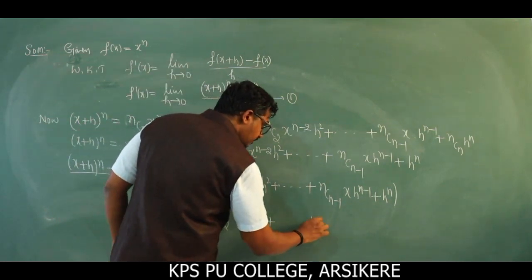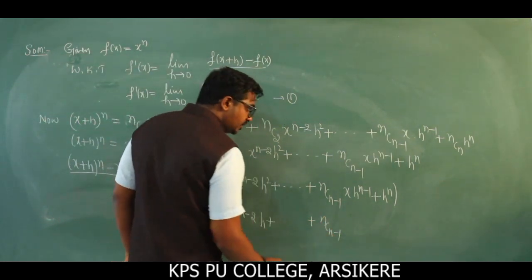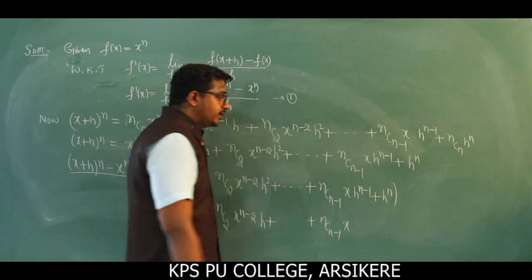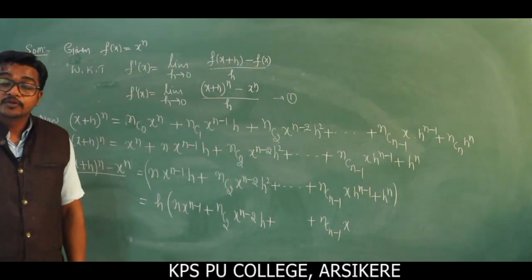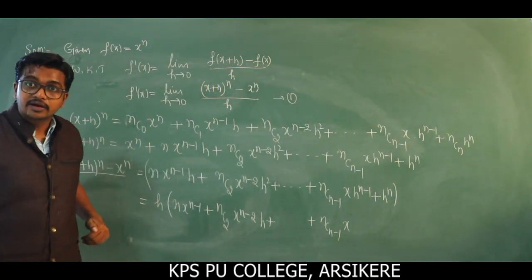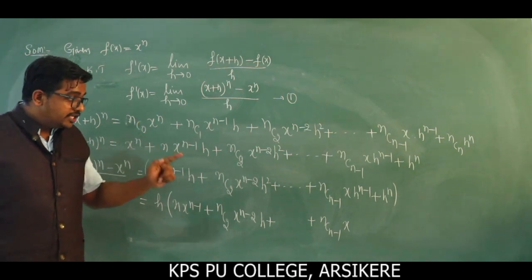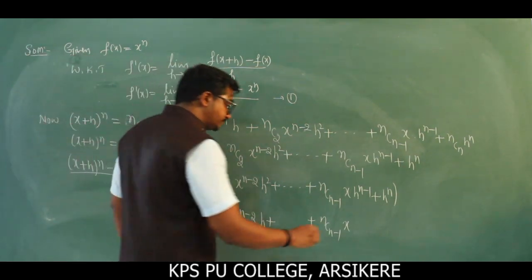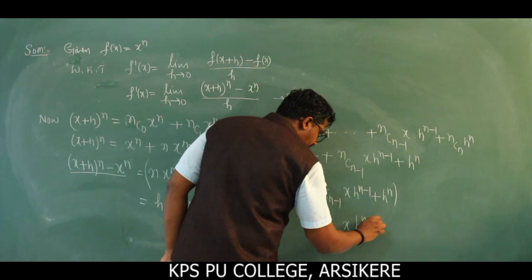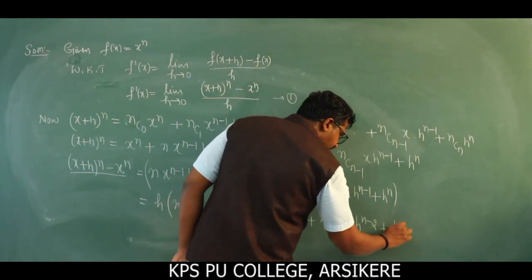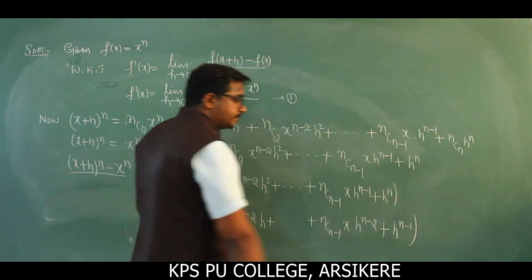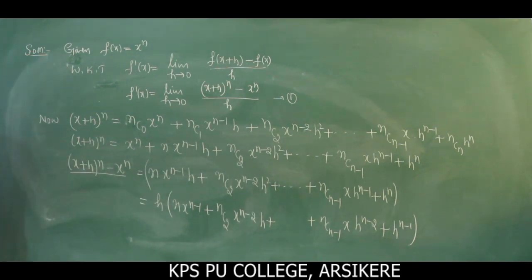Plus and so on plus nC(n minus 1) into x into, here h power n minus 1 is there, when one h is removed, remaining we are left with h power n minus 2, plus this is h power n minus 1. This is the thing. Understood, children?